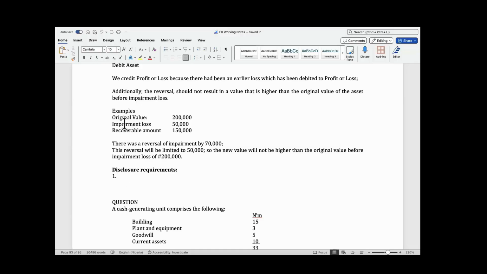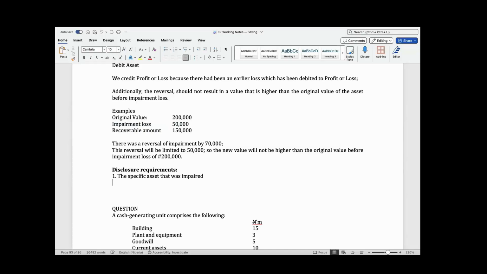Also, there are certain explanations you need to make or certain data you need to give us that are not present on the face of the account. So, for example, you calculated impairment loss. If you don't tell us the specific assets that were impaired, you will not know. So you need to tell us which assets were impaired.